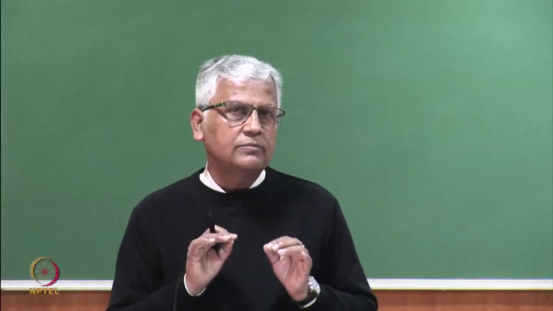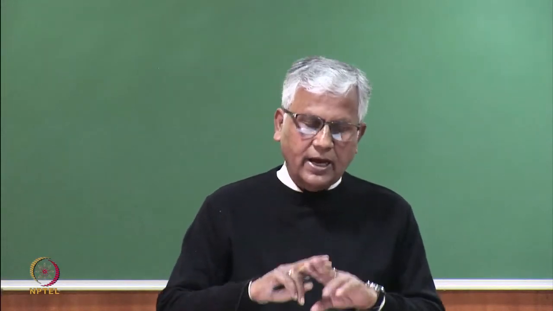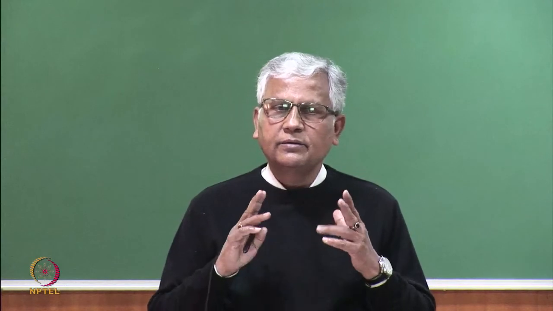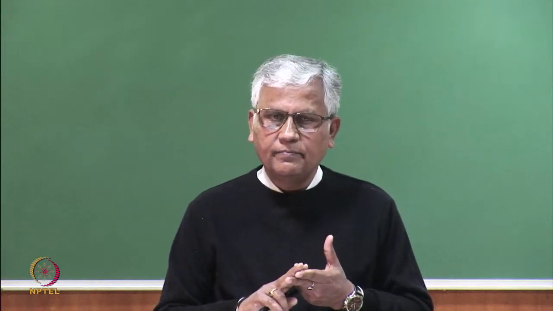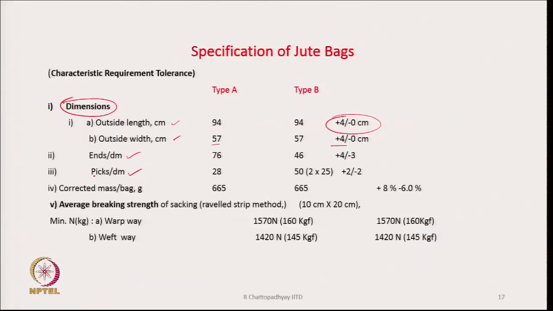Depending upon the size of the grain, we have to decide the gap that exists between the threads, between the interlacements. This is also specified. Anyway, basically it means the cover factor.